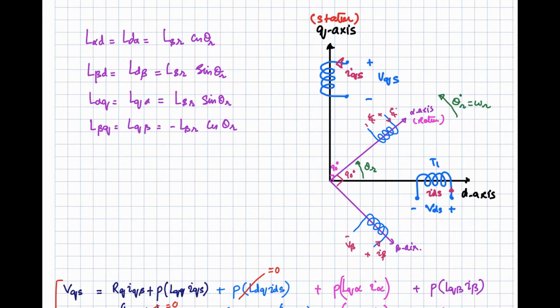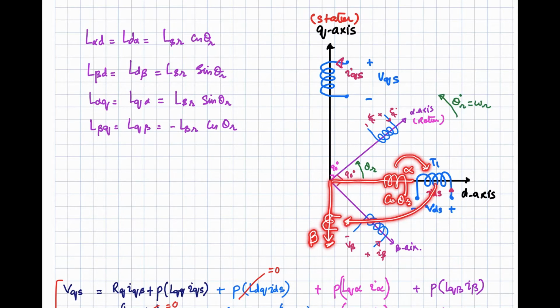Now let's look at L beta d, that is the inductance between the beta axis and the d axis. Beta axis is this one, and the d axis is this one. Considering this point as the reference, alpha winding is over here and the beta winding is over here. So when alpha is cos of theta r, because it is fully aligned with this d axis, with maximum flux linkage, at that time what is the flux linkage of the beta winding?